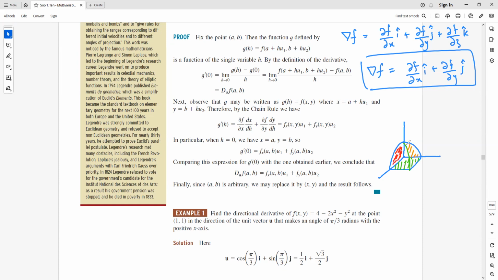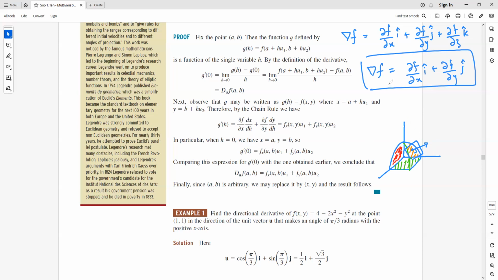If we are interested in finding the gradient at this point, then there is a plane that is tangent to this point. From this point we have a vector perpendicular to the plane, pointing outwards, making 90 degrees with the plane. So this vector is the gradient vector.